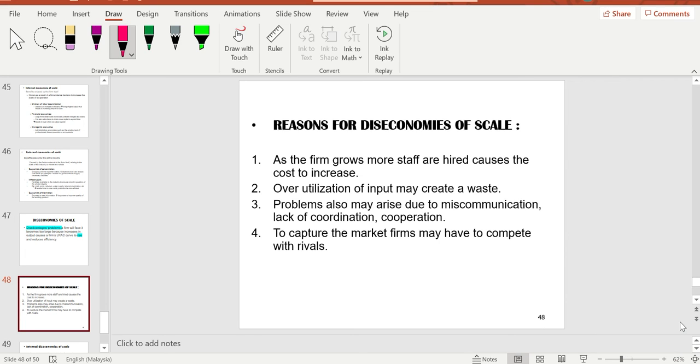Okay, reason for this economies of scale yang tu it's hard for you to monitor. Kadang-kadang dia akan bayar gaji buta pada staff you. Overutilization of input might create waste. Kadang-kadang tu kita hard to monitor each company, dan kita hire labor, kita hasilkan barang, tapi production capability of our company is not that much. So kita basically inefficiency berlaku di situ.